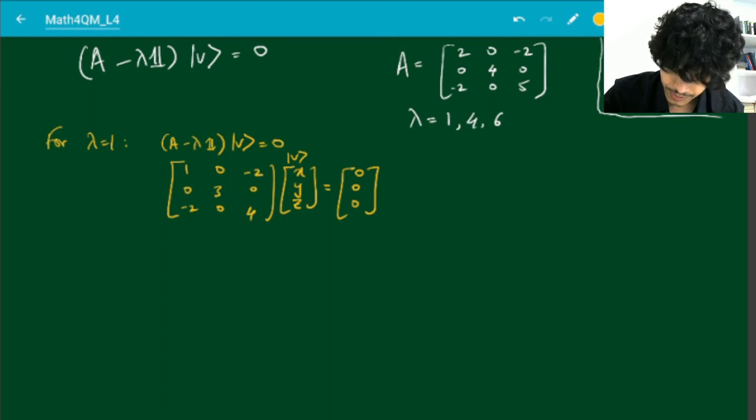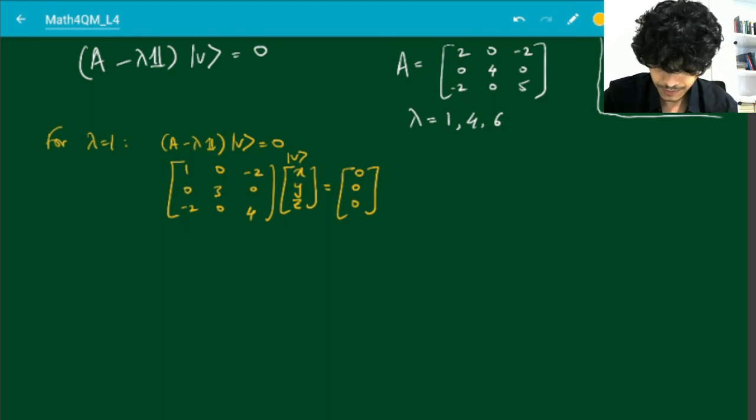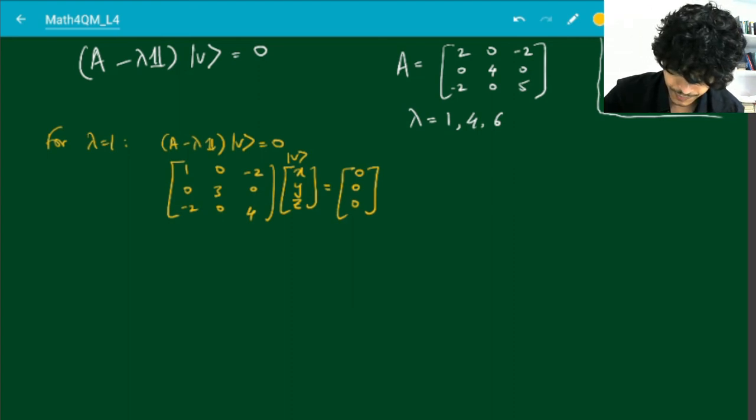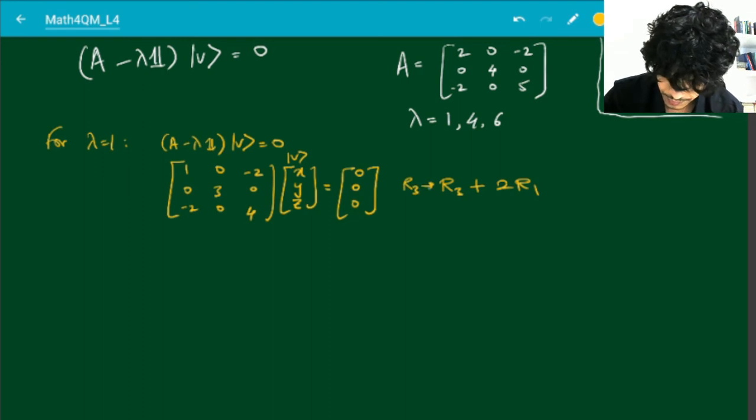If you notice, now I can do some row transformations. If I add to the third row, so R3, I'll add to it 2 times the first row. R3 goes to R3 plus 2R1.